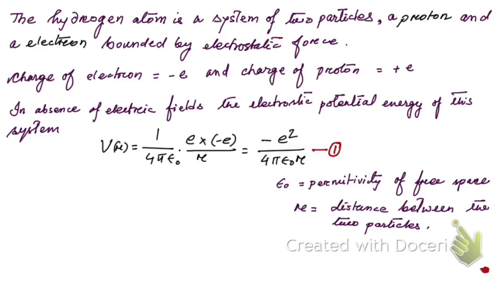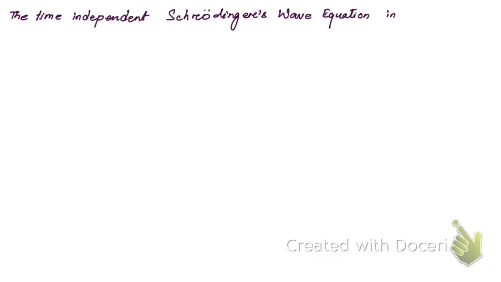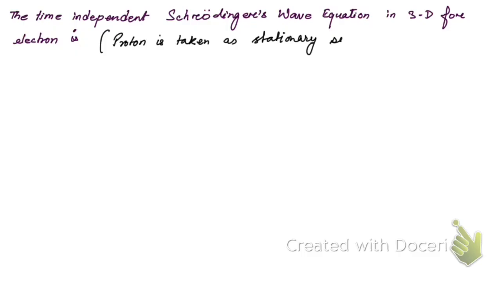Okay, so here you see the time independent Schrodinger equation. Let me write it here. Let me tell you one more thing: proton is taken as stationary here because it is much heavier than electron, almost 1836 times heavier than electron.